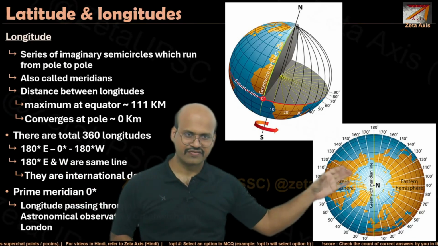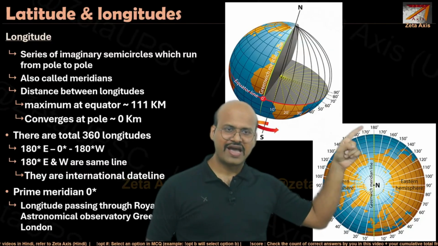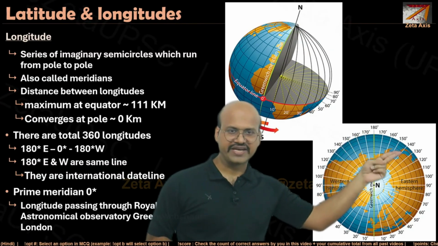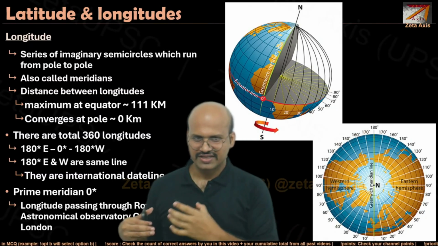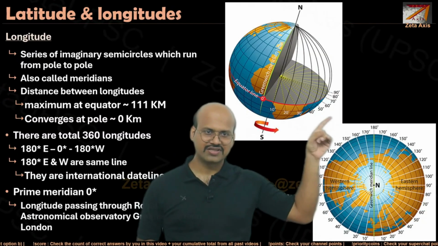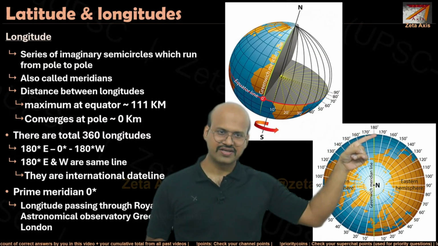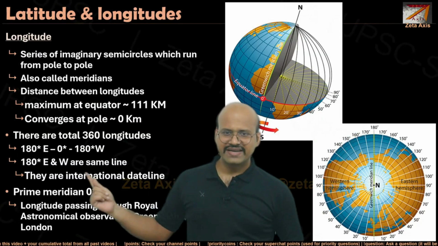Here in this view, you can see this is 170 degree, this is 170 degree, and we have only 180 degree. There is no second 180 degree. Therefore, this 180 degree represents both 180 degree east and 180 degree west. So do remember that. This is 170 degree west and this is 170 degree east. But this 180 degree is common to both and it is called the international date line.